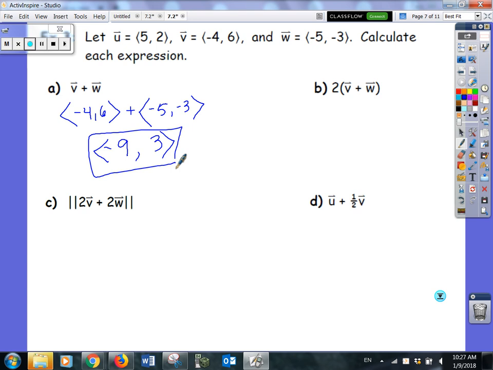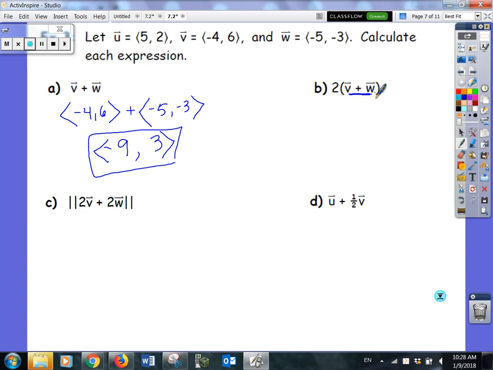Yesterday, we would have graphed each of those vectors and then graphed the resultant. So if you think about yesterday's assignment and you go back and count whatever the first vector was and add or subtract it to the second vector, you'll see that the resultant vector, your dashed line, should match up. Okay, so this is just the algebraic way of what we did yesterday, adding two vectors. Now letter B, we already did v plus w, we just did that.